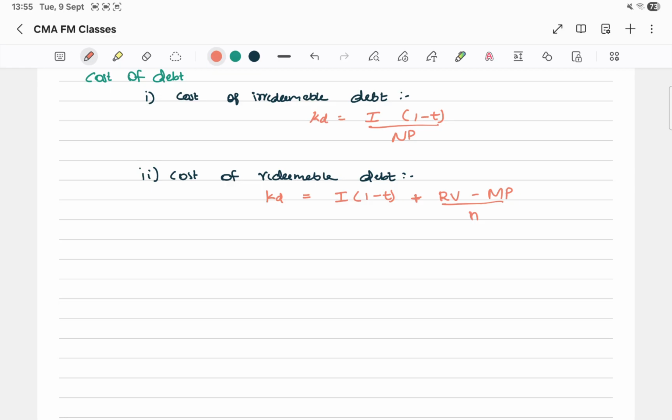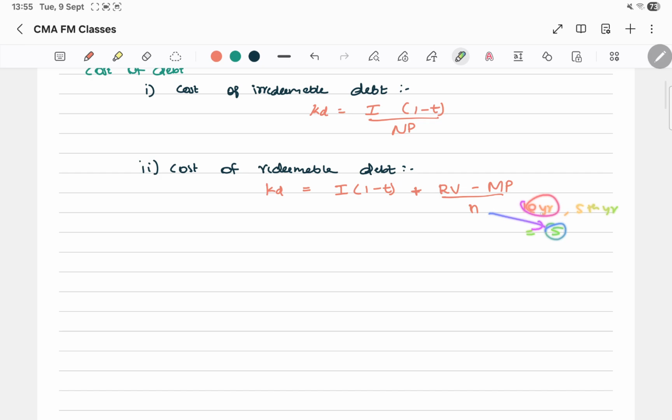If you have a debt with a total life of 10 years and you are now at the 5th year, that means the balance will be 5. So n is 5. You don't take it as 10. If they give only 10 years, then you take it as 10. Your current position is at the 5th year, so that's why you take 5.